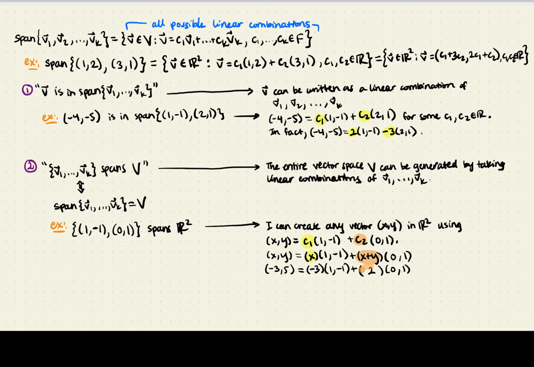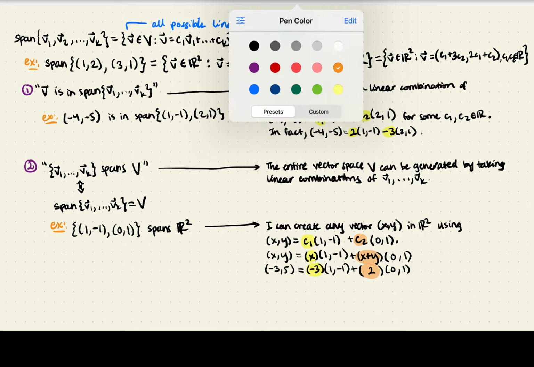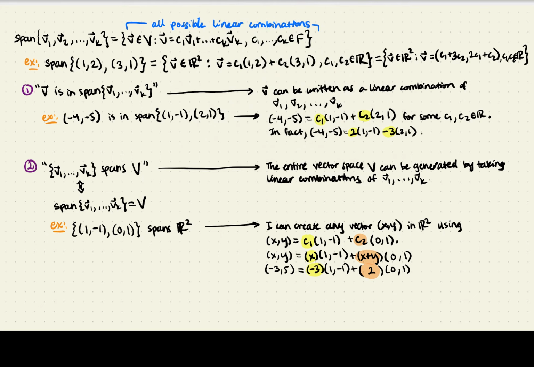So again, this 2 is playing the role of C2, and this -3 is playing the role of C1. To make this even more explicit, this was (x, y). Our -3 was C1. (1, -1) is our first vector, V1. The 2 was C2. And (0, 1) was our second vector, V2.